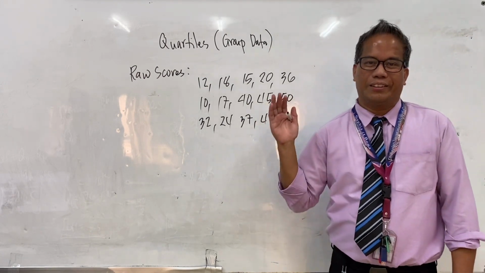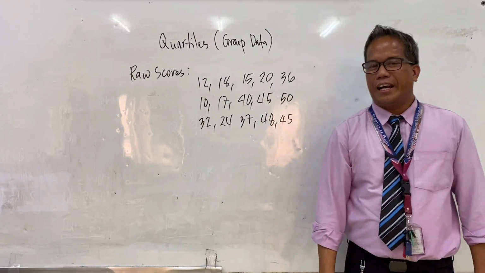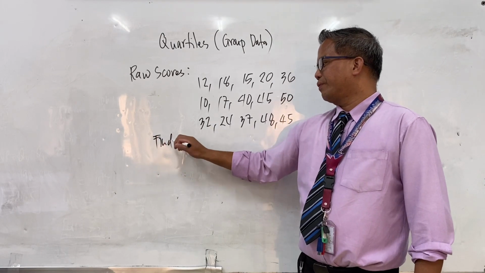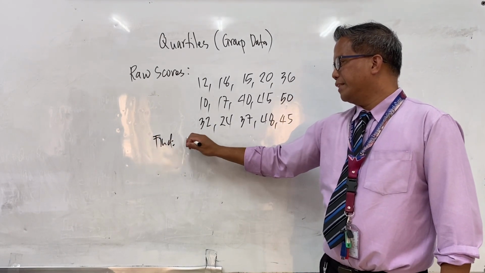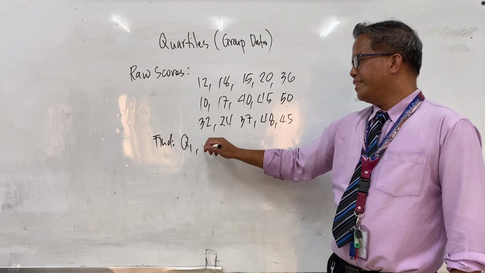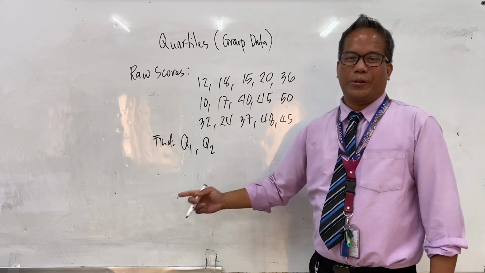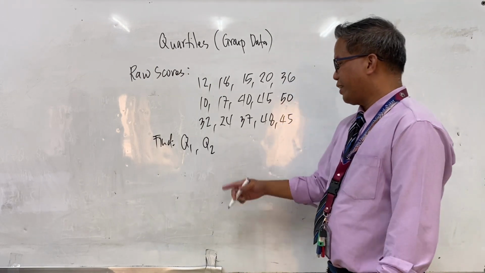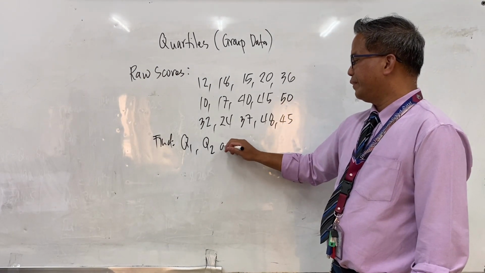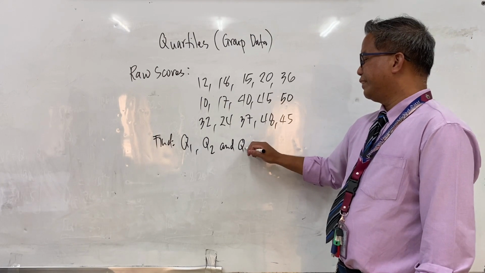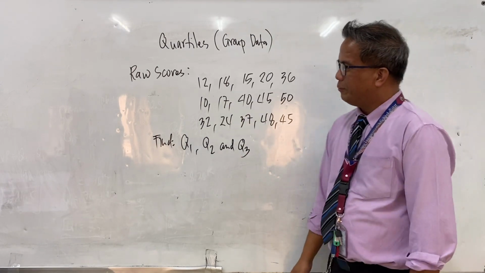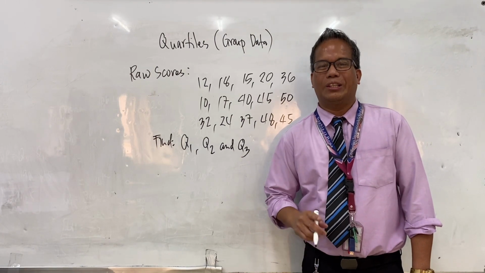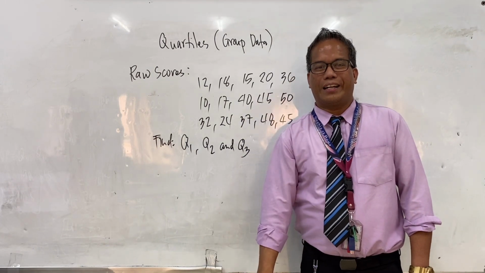So these are the given raw scores. Now we are going to find the following: Q1, Q2, and Q3. So Q1 is the first quartile and Q2 is the second quartile. Since the given is the raw scores, we need to construct a table.